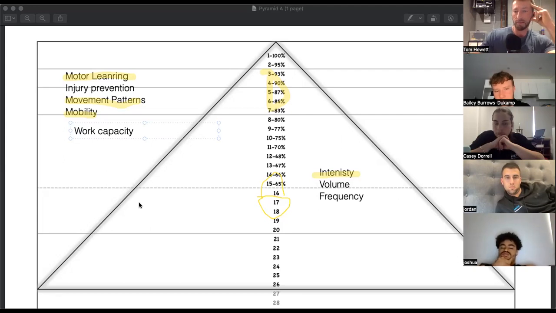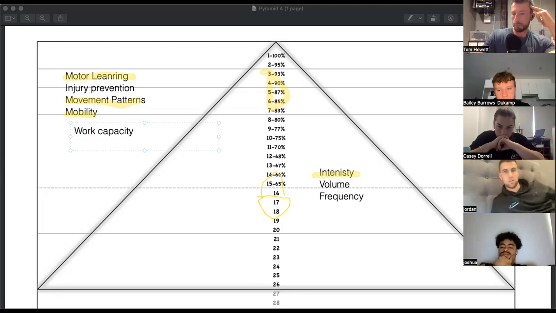So does that kind of make sense? Yeah, sure. Are there any other factors that we would chuck in as to what a beginner client needs out of a program? I think it kind of depends on the beginner, but in saying that, most of them I do need this unilateral work.